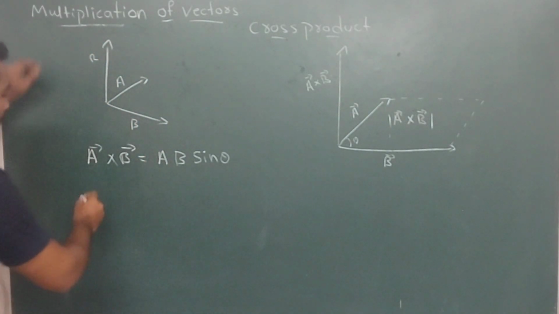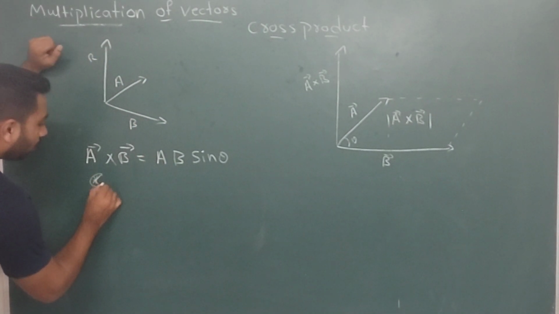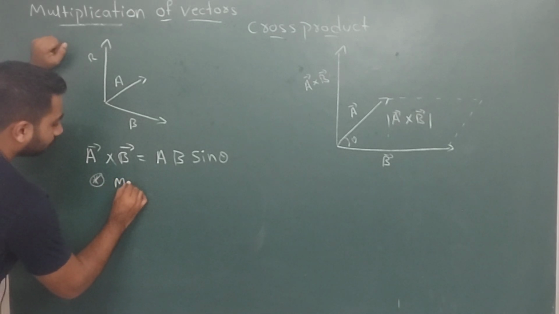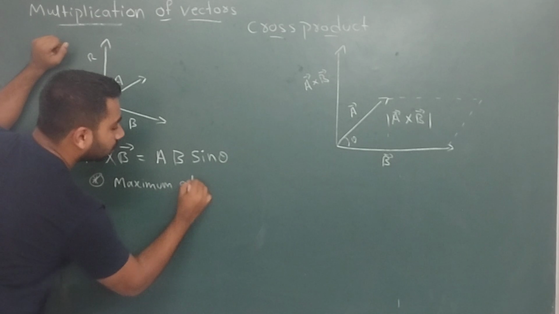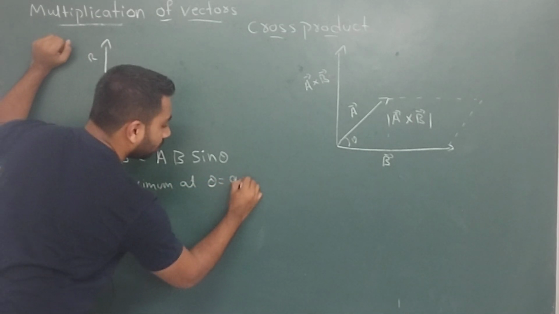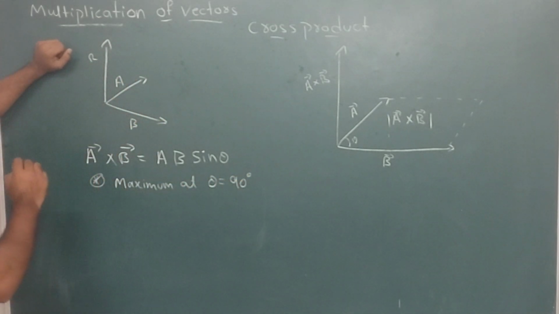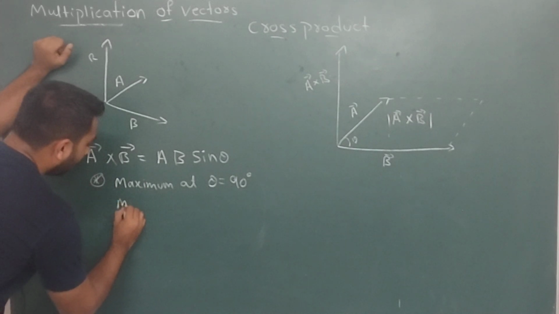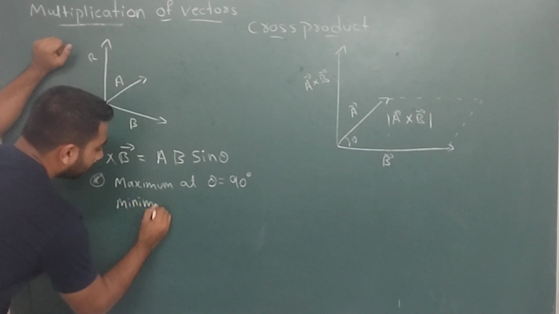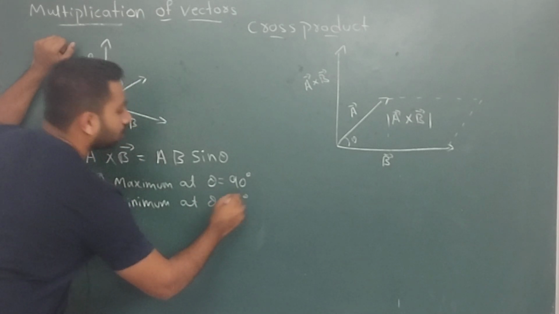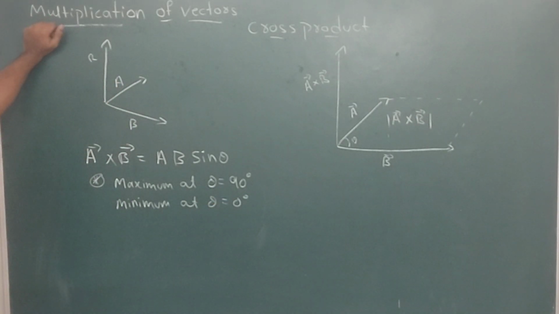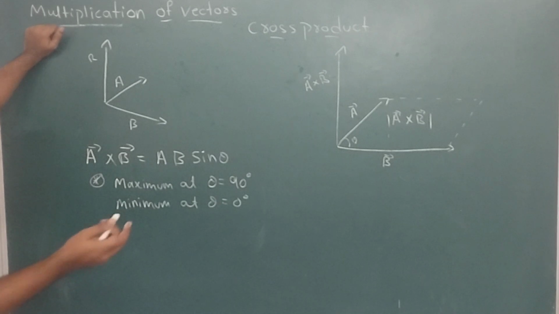First property: the maximum is at theta equal to 90 degrees, because sine 0 is equal to 0, and the minimum is at theta equal to 0 degrees. Wow, opposite to that.